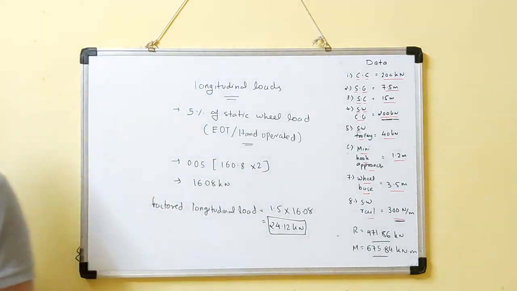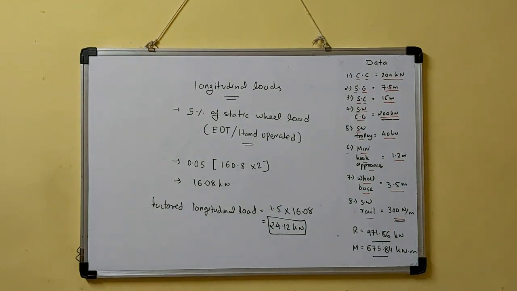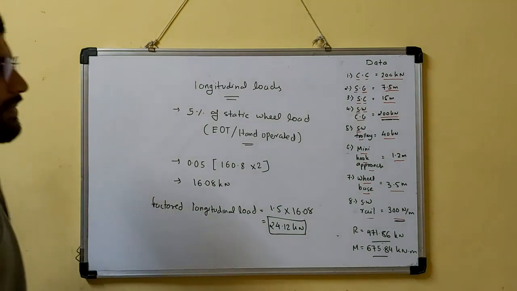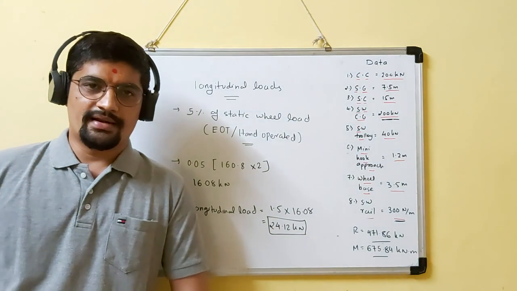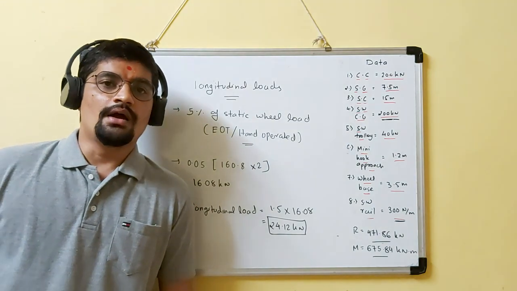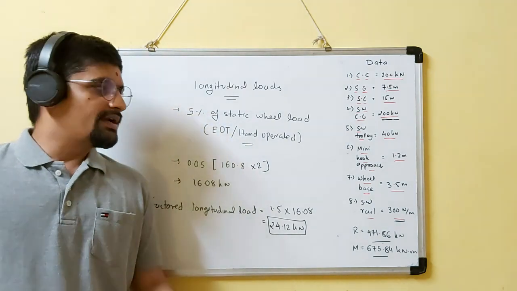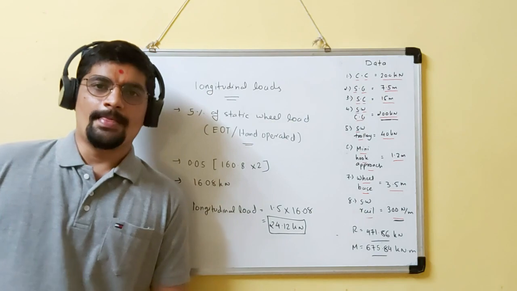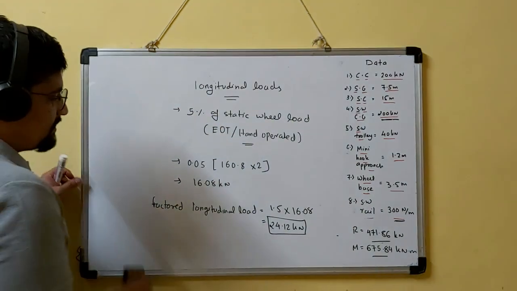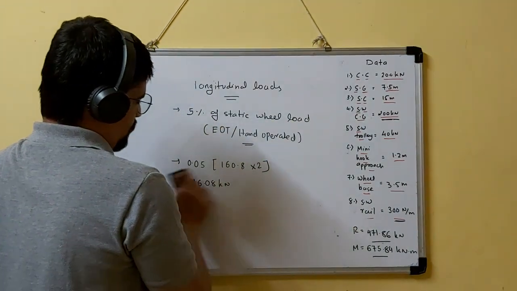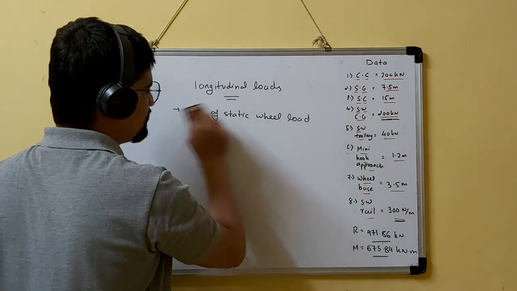So all loads on the gantry girder have been calculated. The maximum bending moment on the gantry girder has also been calculated, and the shear force on the gantry girder as well. Now provide the section. So step 4 is section selection.